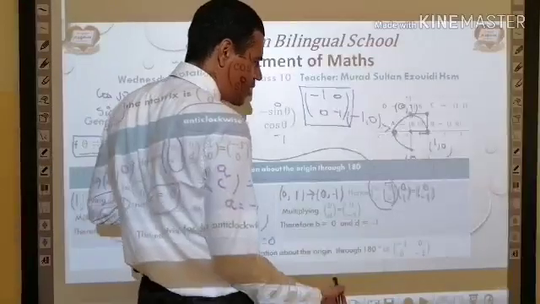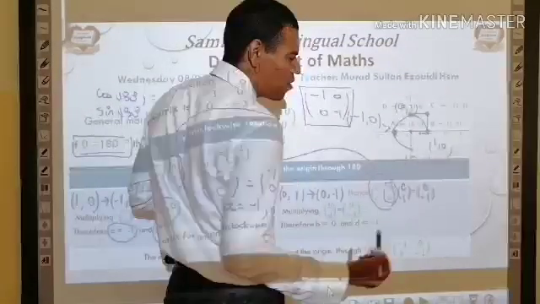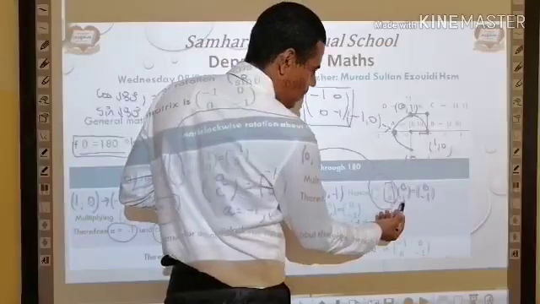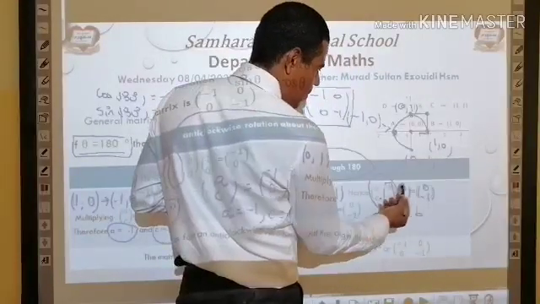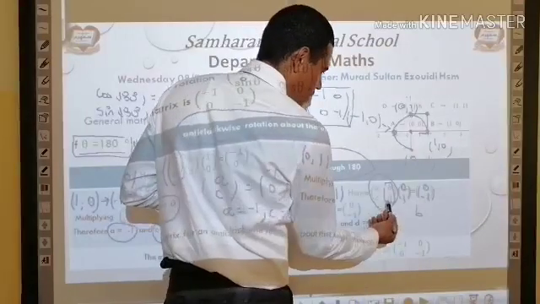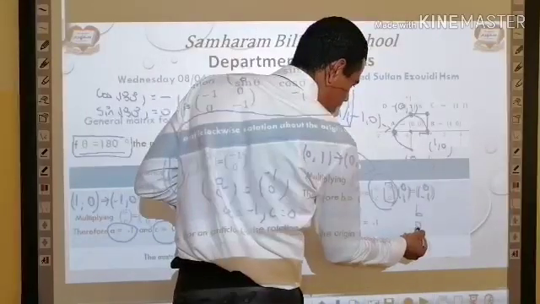Then multiply: A multiplied by 0, no need to write it. B multiplied by 1, I will write B. Then C multiplied by 0, no need to write it. D multiplied by 1, just write D.